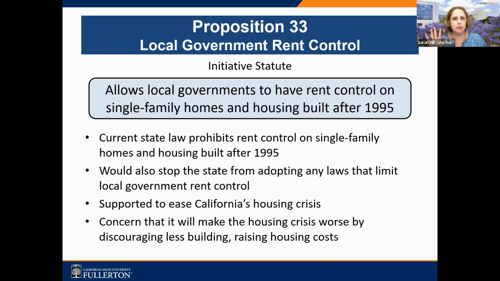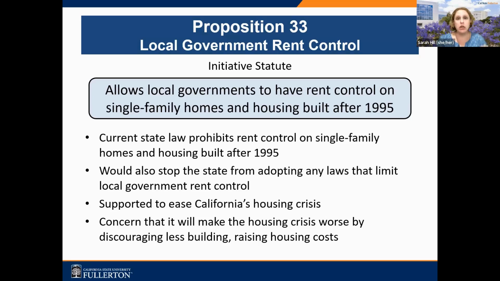Proposition 33. This is where it might start to get fun. I'm expecting to see some more questions from this one forward. So this is an initiative statute, so just a regular law. This would allow local governments, so cities, counties, to have rent control on single family homes and housing built after 1995.